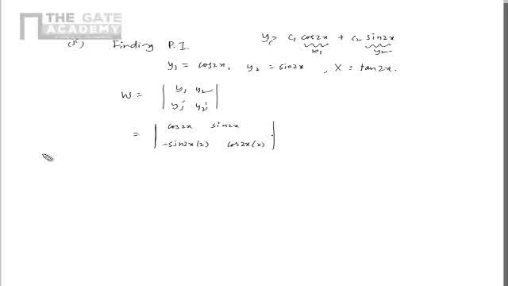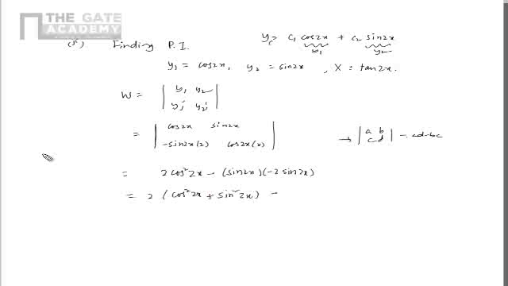The determinant of a, b, c, d is ad minus bc, so here it is 2 cos square 2x minus (sin 2x times minus 2 sin 2x). This becomes 2 times cos square 2x plus sin square 2x, which is 1 by the trigonometric identity. So w comes out to be 2.